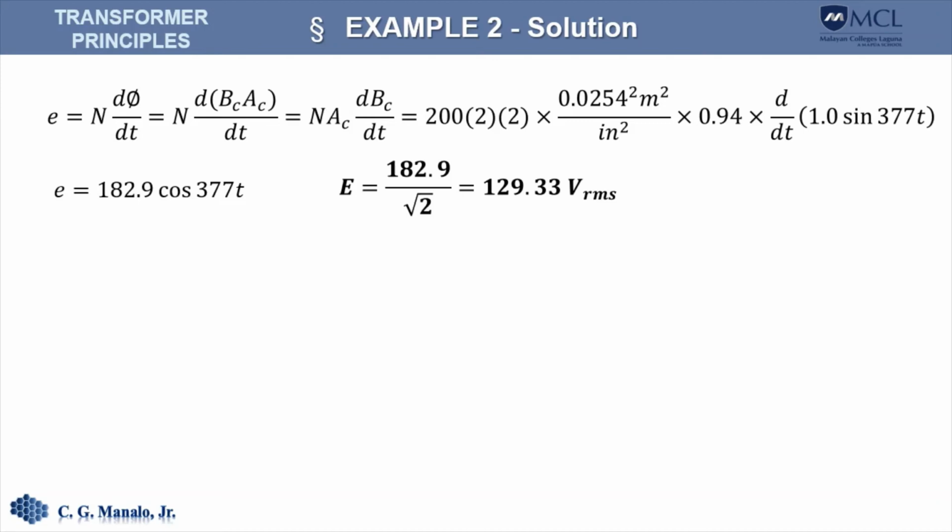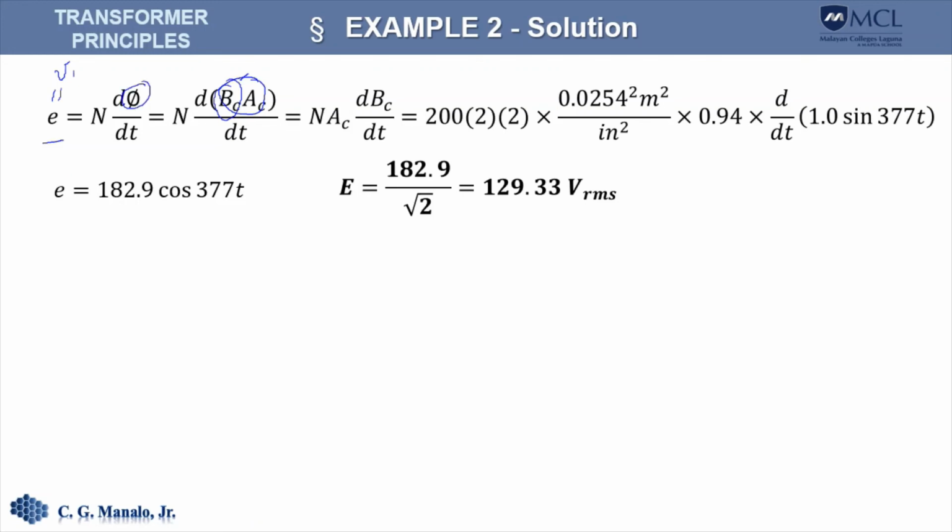So first, we compute the induced voltage in the primary winding. So we know this to be roughly equal to the applied voltage. Now we can get this because we're given the flux density. So we multiply that by the cross section of the steel, we get the flux.